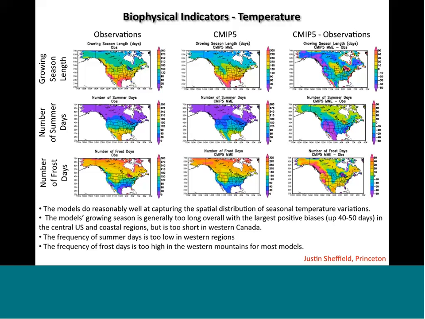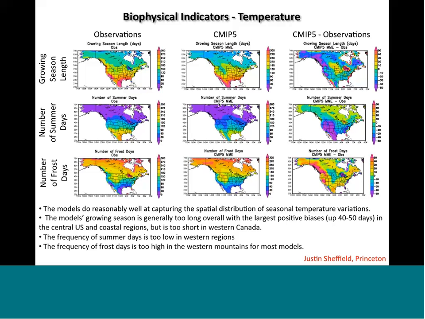That may be more to do with what features the models can actually pick out, given that they are pretty coarse in their resolution. For number of summer days, the frequency in the models is too low in western regions, and then the frequency of frost days is too high in western regions coming up into Alaska here for most models. But overall, the spatial patterns look pretty good.